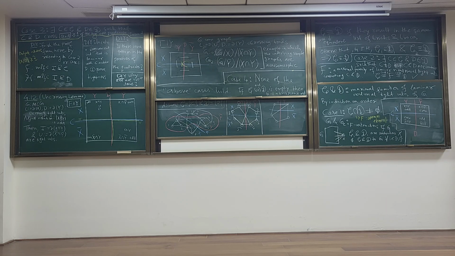Okay, basically your labeling is... That's okay. Degree is not a problem. The underlying simple graph could be the same, right? Even if the degrees are different, the underlying simple graph could be the same. So just comparing degrees will not help.